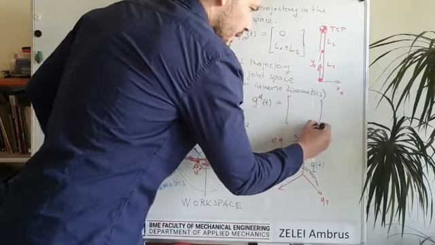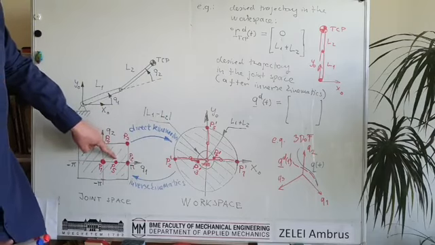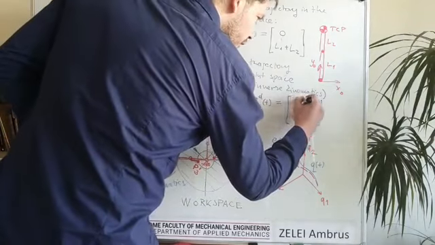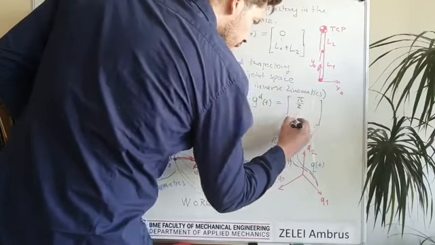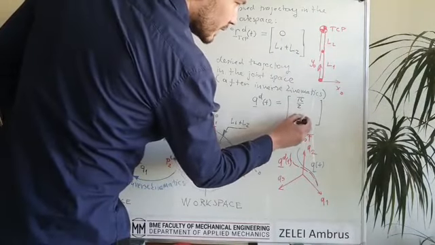But before we have seen that if the robot has to be up here, which corresponds to P5, there is the corresponding point in the joint space, which is basically pi over 2 for the first joint angle and 0 for the second joint angle.